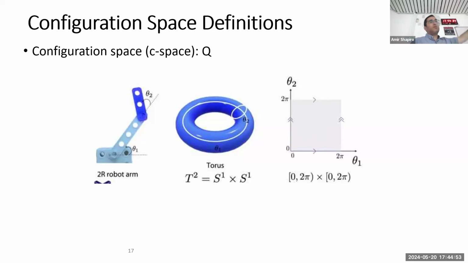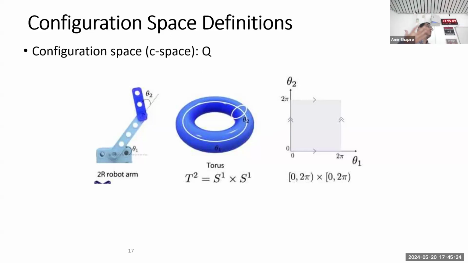Each angle can go from 0 to 2 pi because it's rotational. And because it's rotational, its topology is like a torus. You see here, because the first angle can move 360, and also the second angle can move 360, we have the outer part, the boundary of a torus.